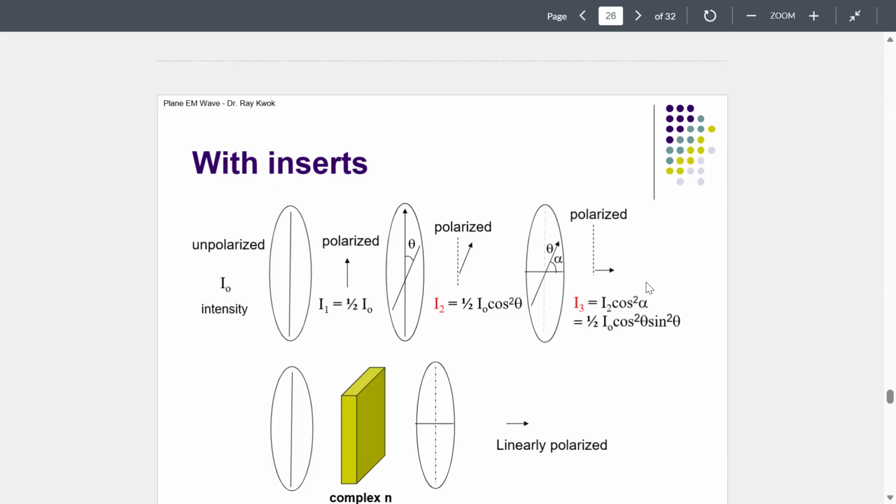Now we use a lot of this type of technique in many applications. I don't know them all, but I know a few. Some calculators use this type of technique. If you have a display, let's say the light comes from the back, you have a polarizer, and then you have a piezoelectric material. That means the dielectric constant can change if you apply different voltages, right?